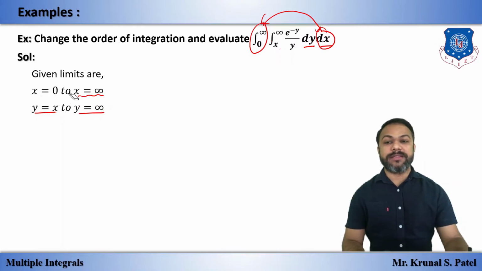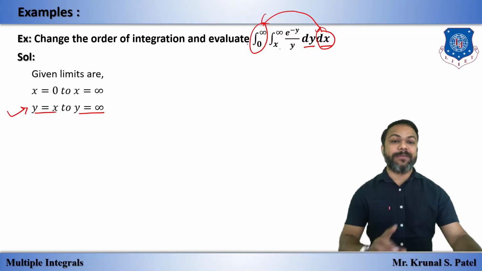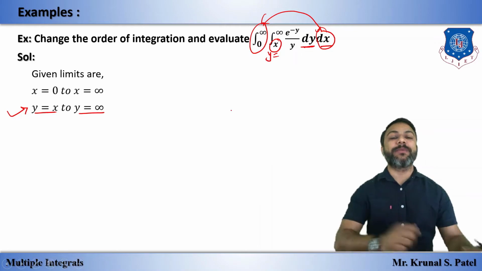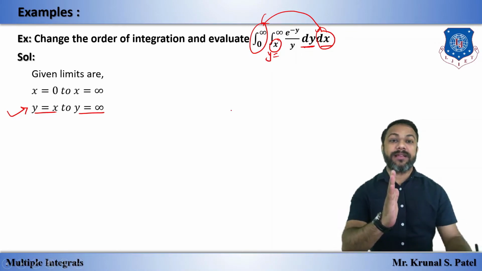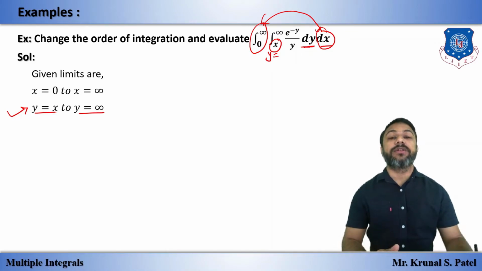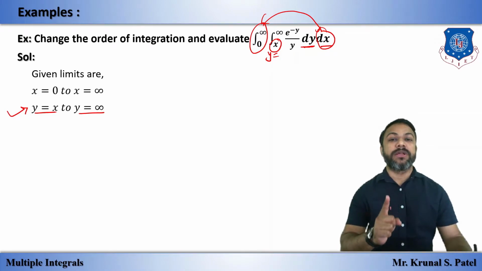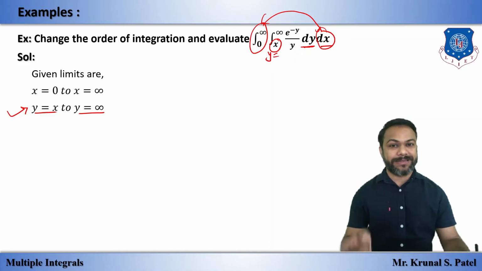Now by using this inside limit, we have the curves. The inside limit is of y, so the given strip is vertical. How do I know? From the previous lectures. You have to refer to all the previous lectures and solve the practice examples, and only then can you understand.